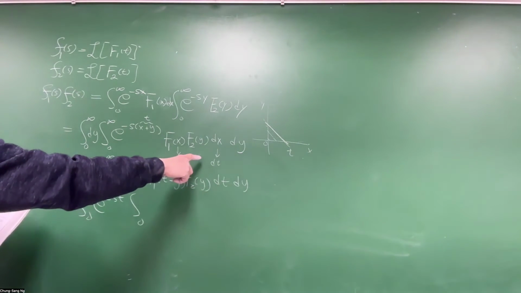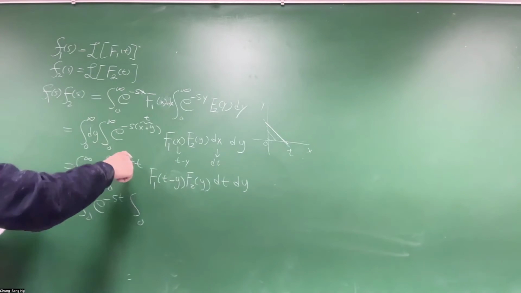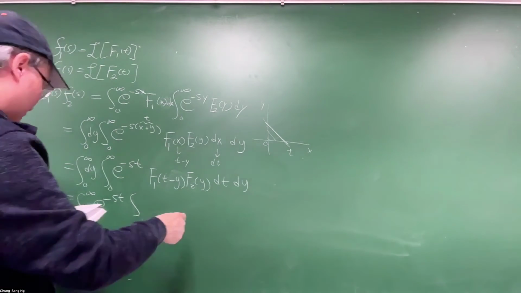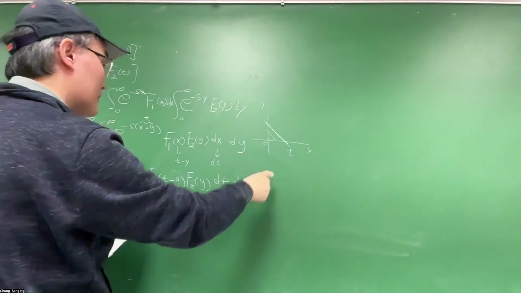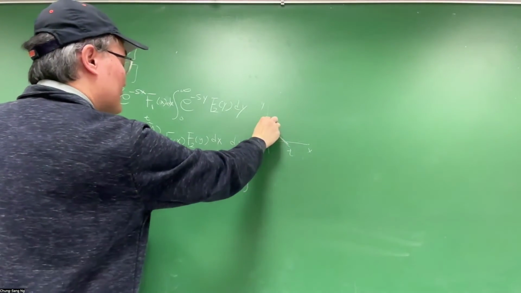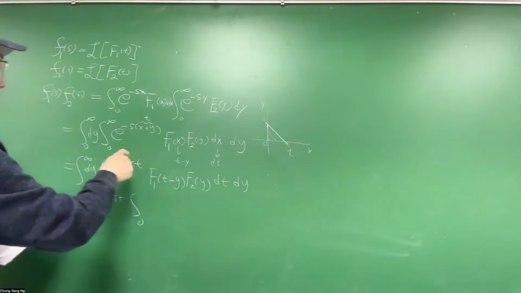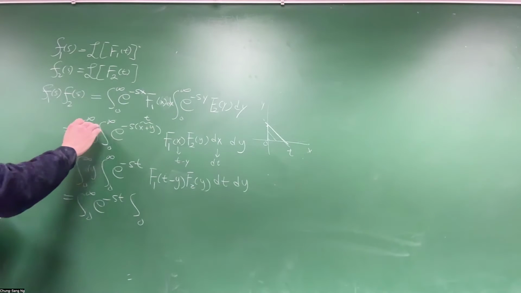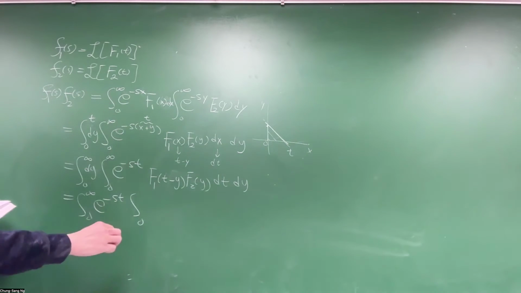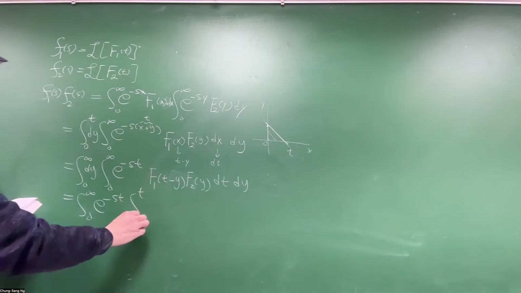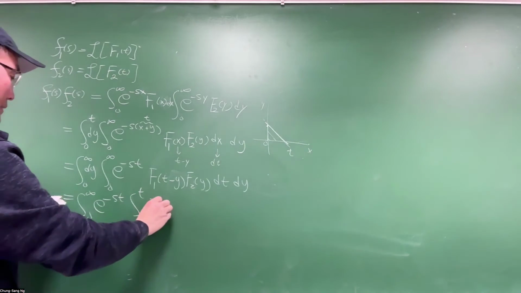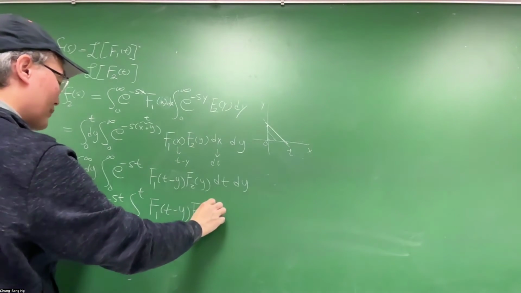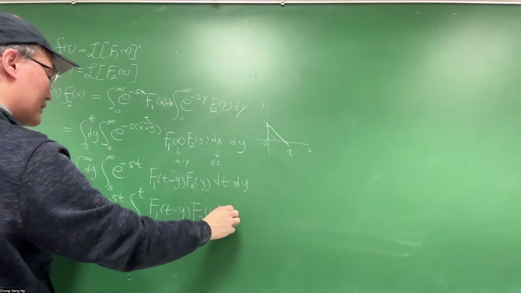The y needs to change to just integrating from 0 to t, right? It's like this area. Basically, it's 0 to t. Interchanging that, 0 to t. I probably need to explain a little bit more next time because I'm running out of time.